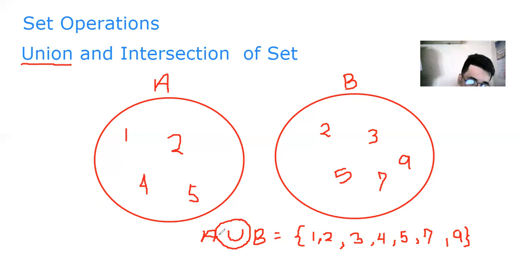Ngayon, kapag hinanap natin what is A union B, ang operation na gagamitin natin, we're going to combine all the elements. Kaya may U dito, this U symbolizes the word union, okay?